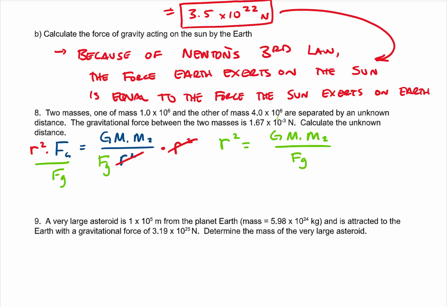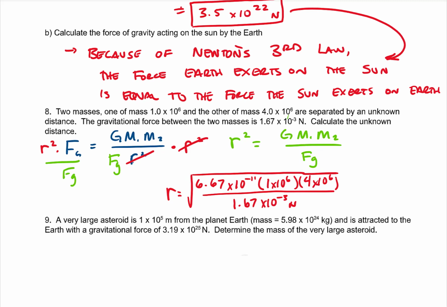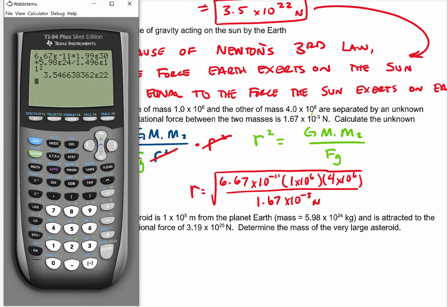So if I want that radius, it's going to be the square root of 6.67 times 10 to the negative 11th times mass 1, 1 times 10 to the 6th, times mass 2, 4 times 10 to the 6th, divided by that whole force, 1.67 times 10 to the negative 3 newtons. And again, I want to show you how to do that on the calculator, so we're going to pull that calculator up.